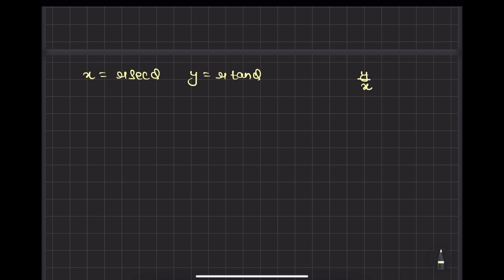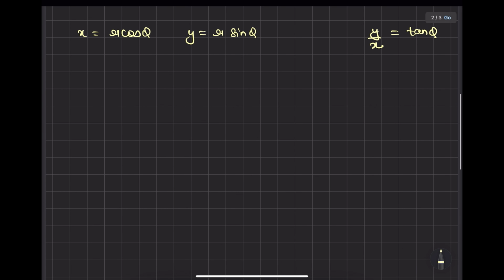So look at this. r is gone. Tan theta is sin theta by cos theta, sec theta is 1 by cos theta. So cos theta is gone. We are left with sin theta as y by x. So either you will be using this idea or you will be using this idea. Let's proceed with the first part.